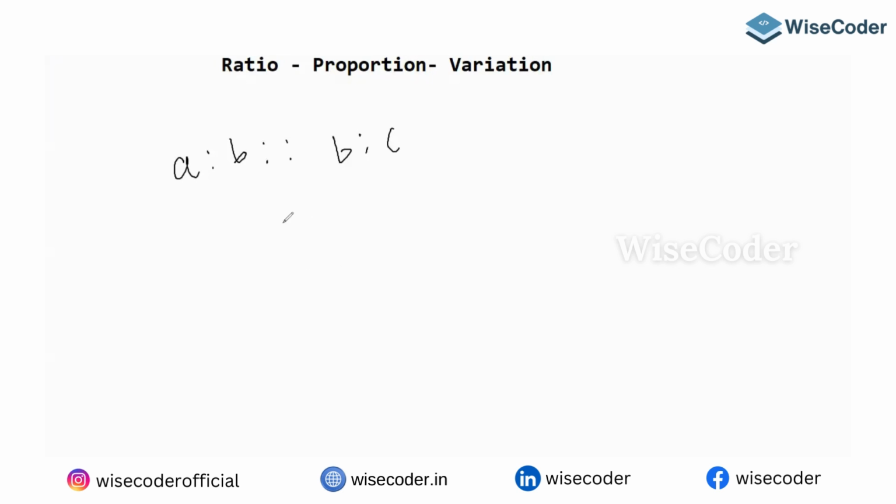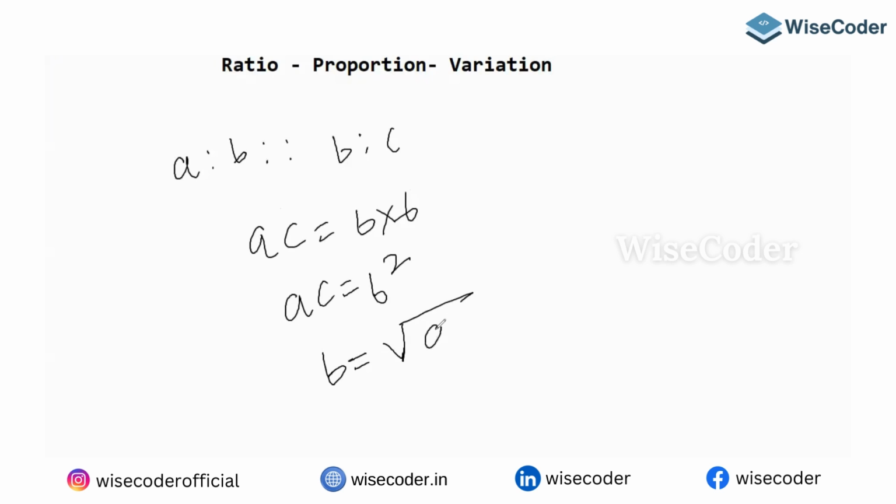According to product of extremes equals product of means, we can write ac is equal to b square, so b is equal to the square root of ac.